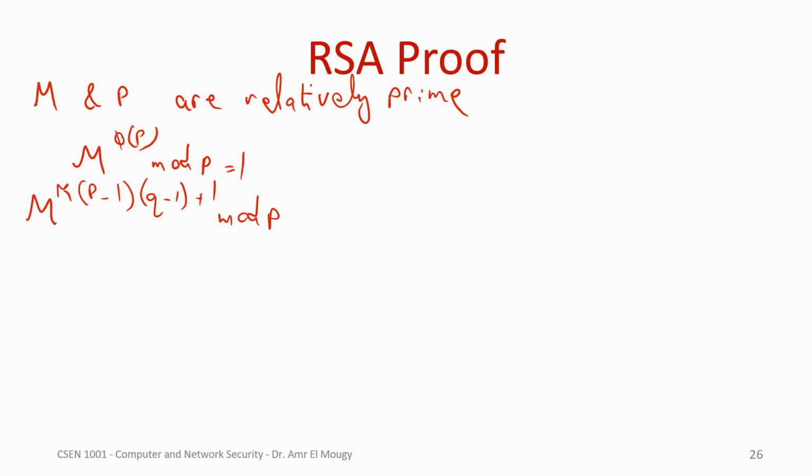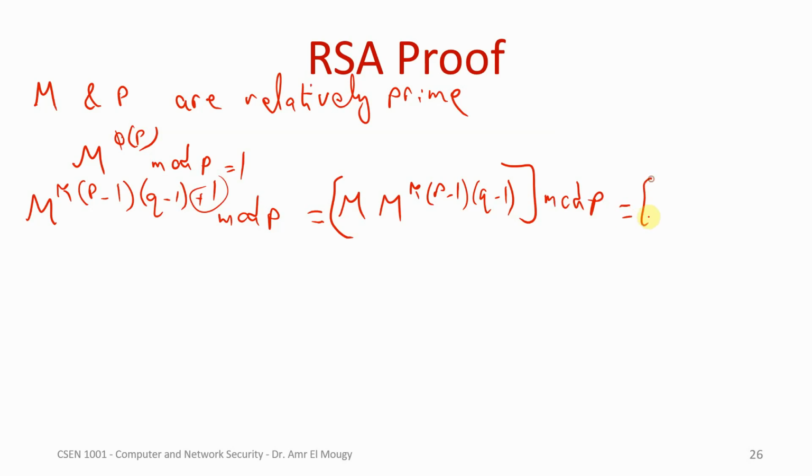So you can rewrite this equation as m multiplied by m to the power k(p-1)(q-1), just taking the plus 1 and putting it as an m by itself, and the whole thing is mod p. This is then equal to m multiplied by m^(p-1), all of that to the power k(q-1), and all of that is mod p.